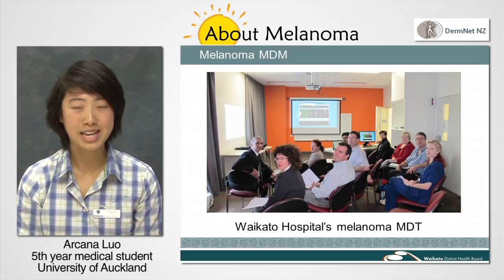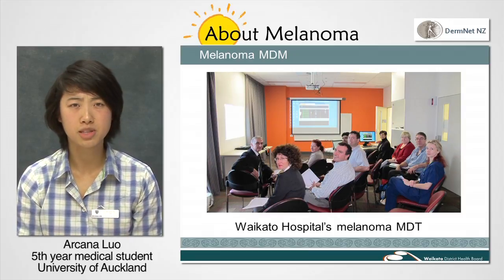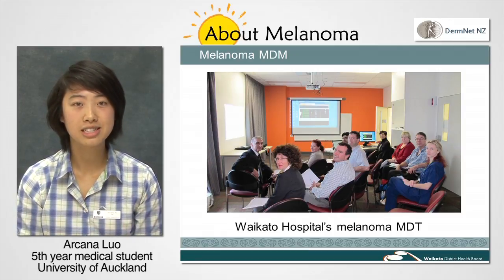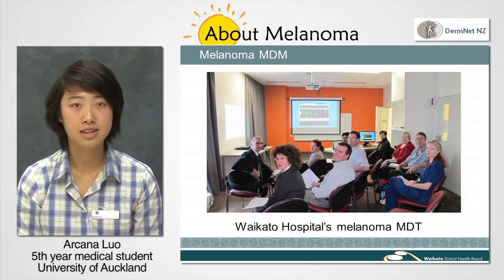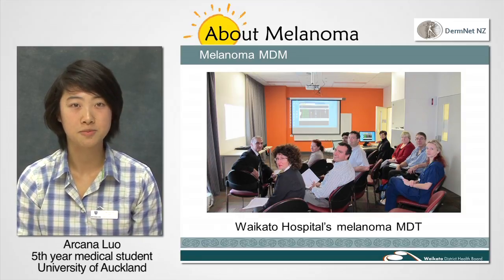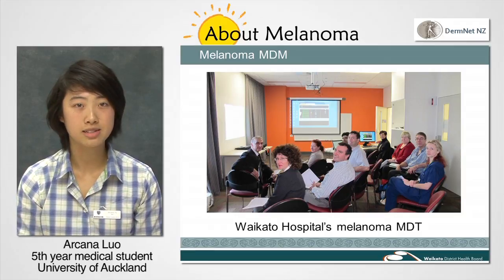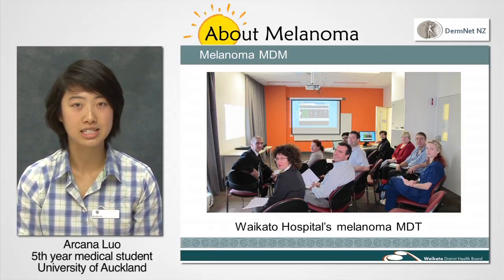So now we know who is at the meeting. What do they do at the meeting? First, details of each patient are discussed. This is recorded on a standard template. Doctors will talk about what kind of melanoma the patient has and the symptoms they are experiencing. They will review and discuss the results of investigations and tests.